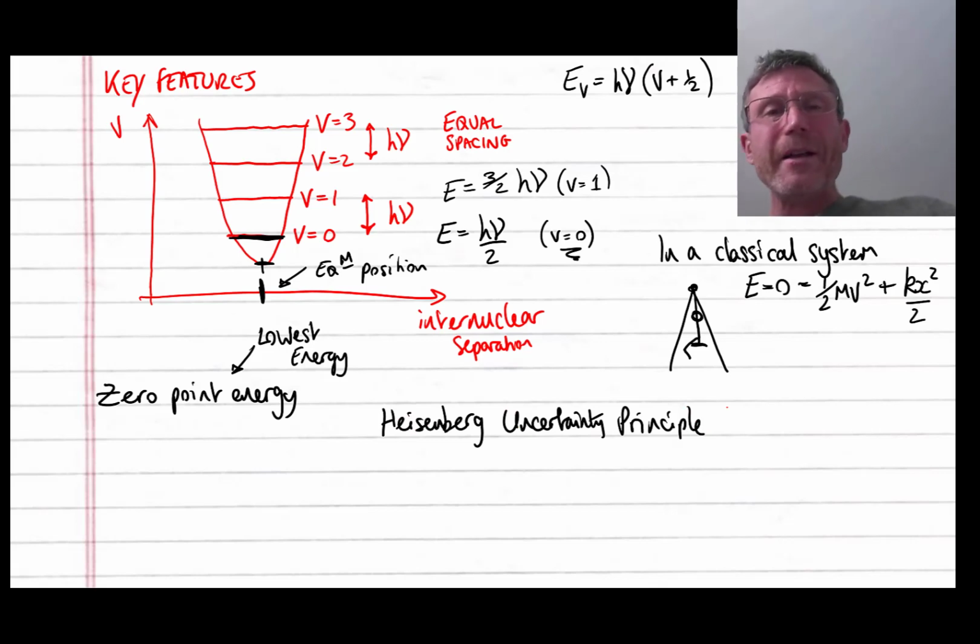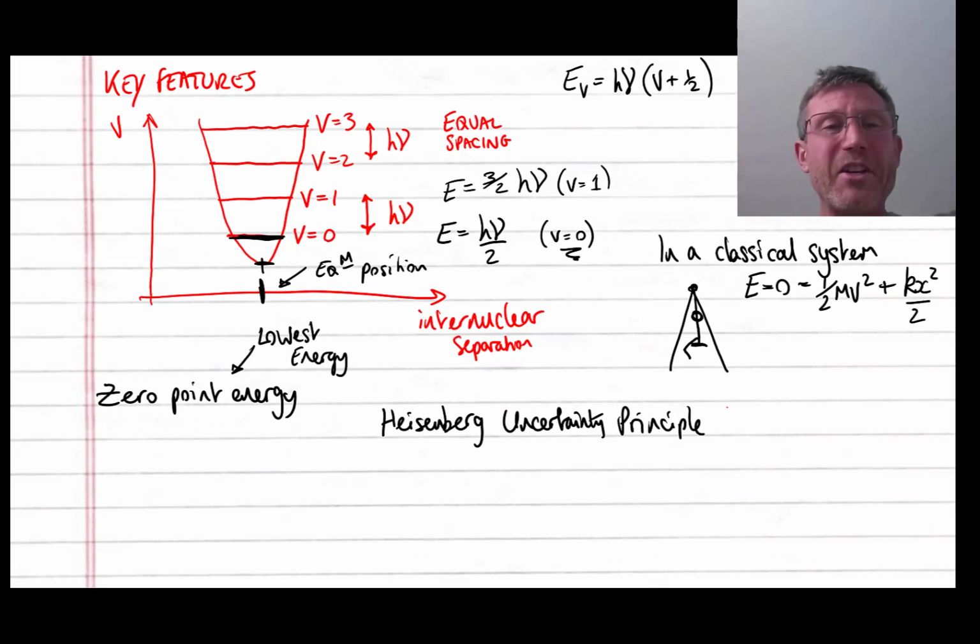Because if we're at a position of 0 energy, then we know the molecule is not moving at all. So we effectively know the potential energy, which includes the quantum mechanical operator for position, and because it's not moving, the kinetic energy is 0, which would include the momentum quantum mechanical operator.